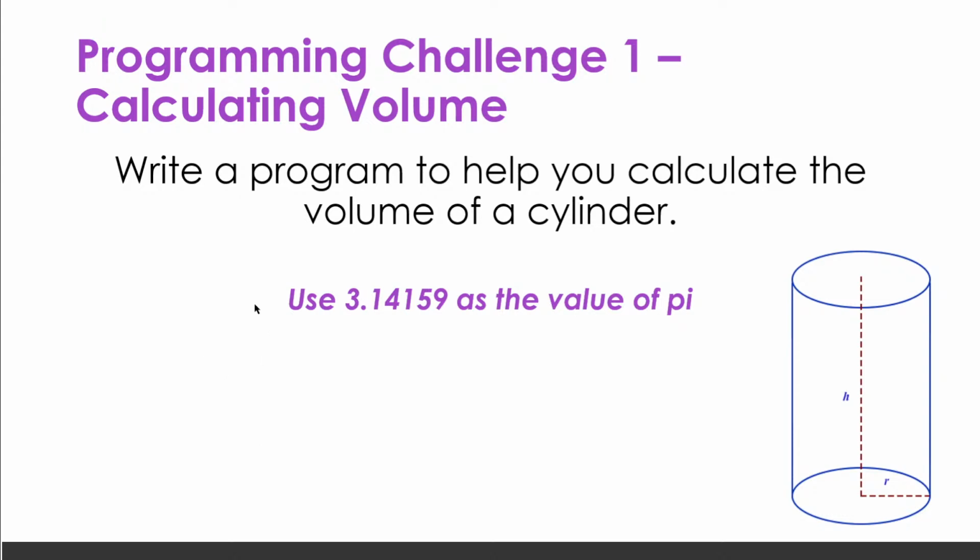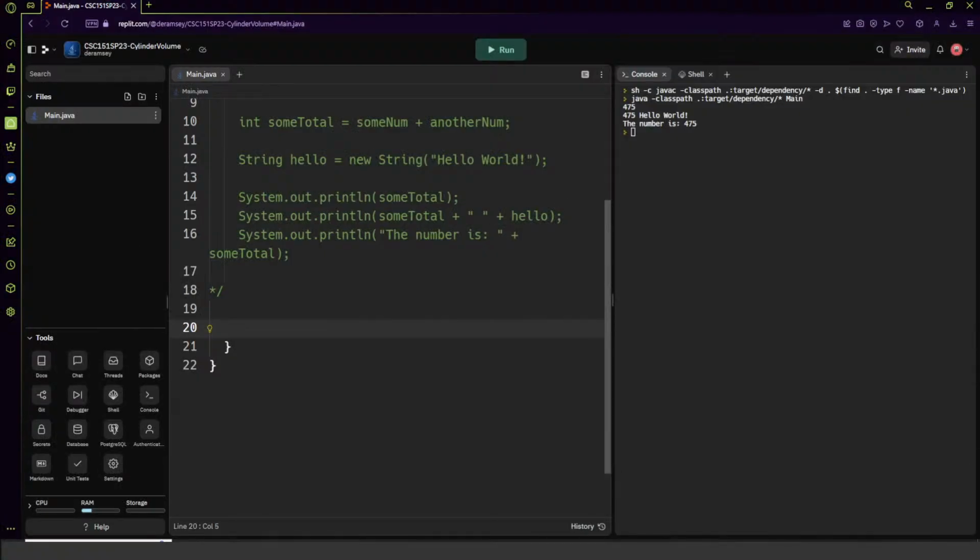So let's head back over here now to our Replit. So what I'd like to do here is I'm just going to write a little single line comment, so you all, as you're looking at this code later, know what I'm talking about.